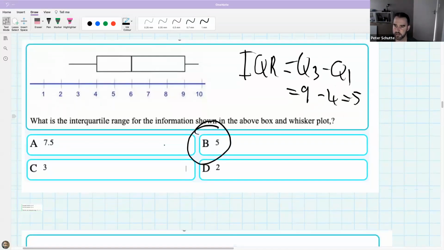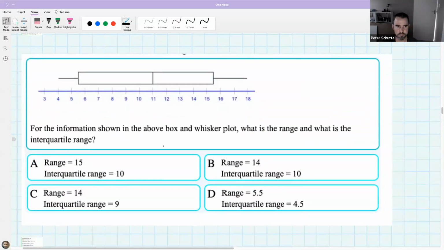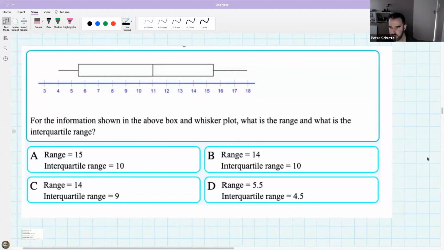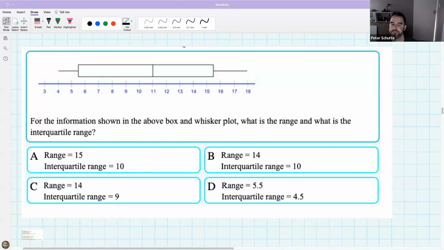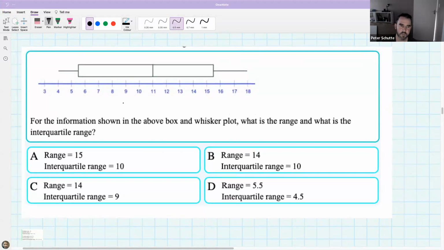Okay, well done. Then let's do this one. What is the range and interquartile range combination for this one? So the range is the difference between the biggest and the smallest.